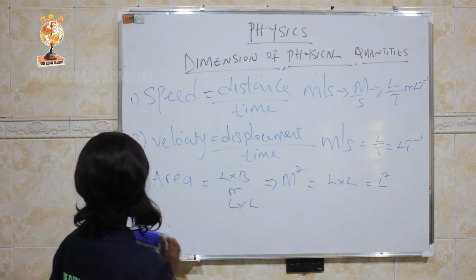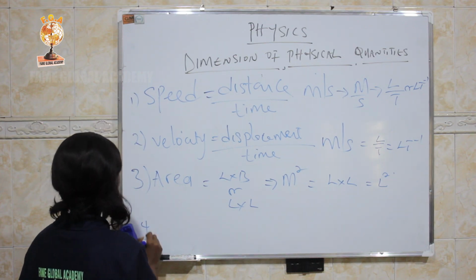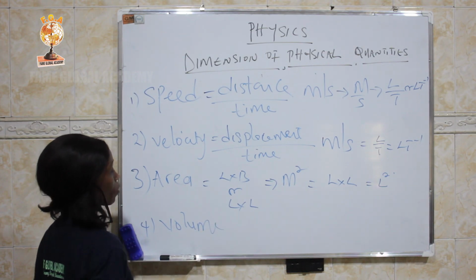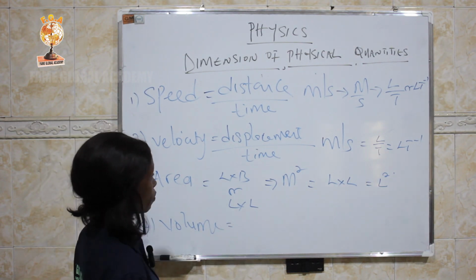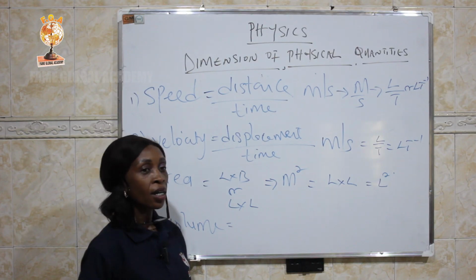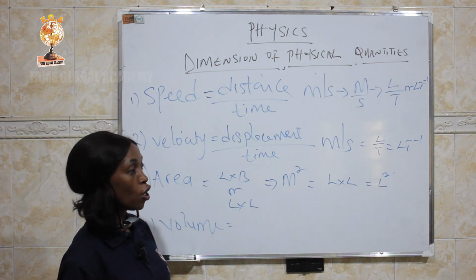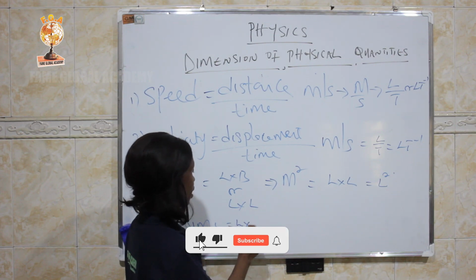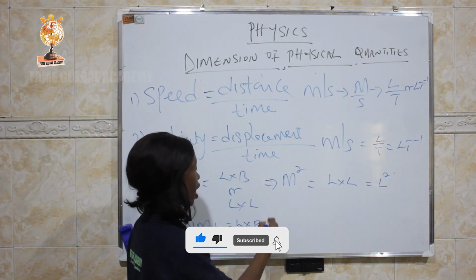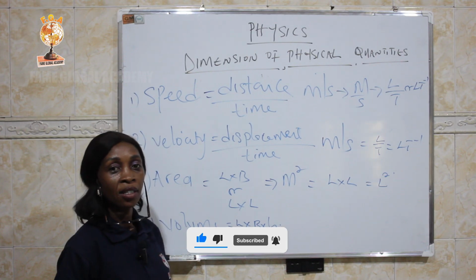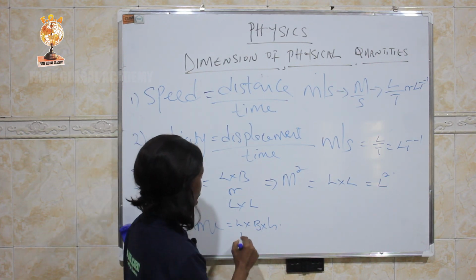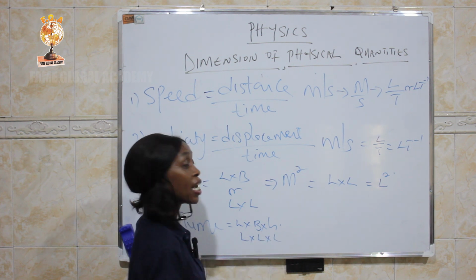Number 4, let's continue. Let's say volume. Volume is also length times breadth times height, or length times length.